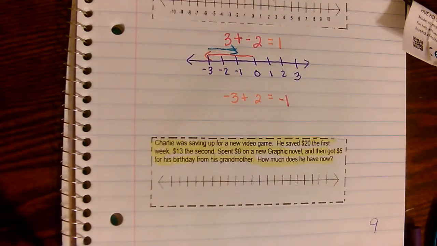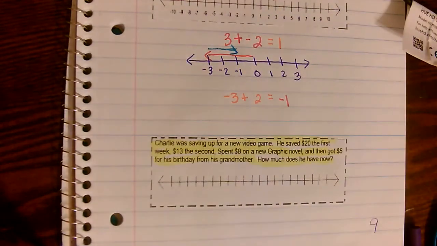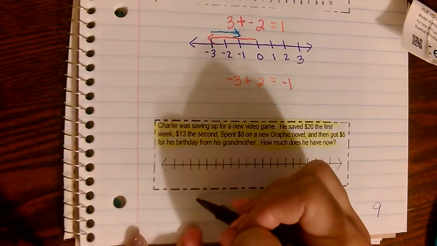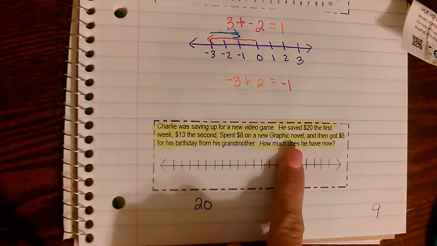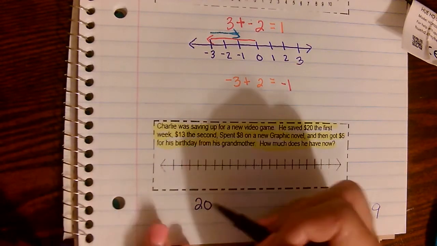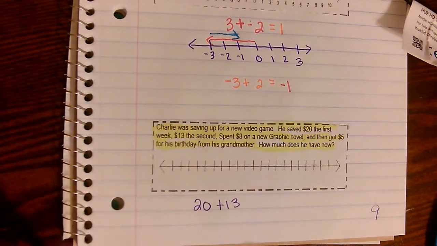All right. Well, let's start with our math problem. Let's write it. He starts with, I'll put it down here, 20. And that's what he saved. The second week he saved 13 more, so plus 13. But then he spent $8.